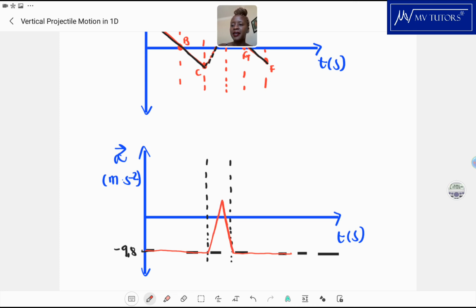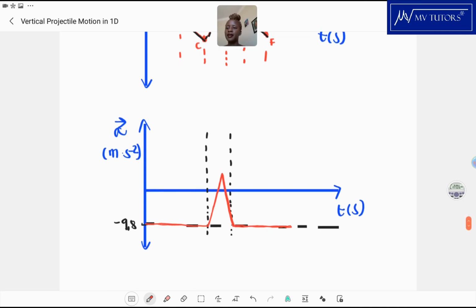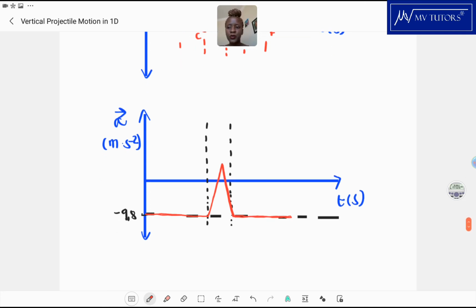It will spike upwards, and that is because of the contact it has with the ground. So we know that gravitational acceleration is constantly downwards, but the ground exerts a force on the ball in the upward direction. Gravitational acceleration is downwards, hence the negative side, but that upwards part with that contact with the ball, it propels the ball upwards. It's the energy required to make the ball bounce from the ground upwards. That's why we have that spike there.